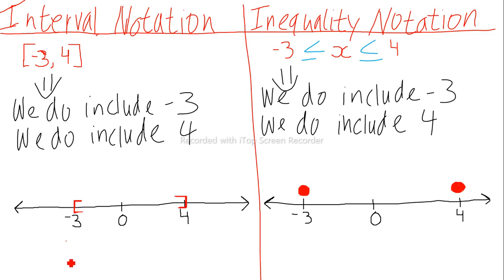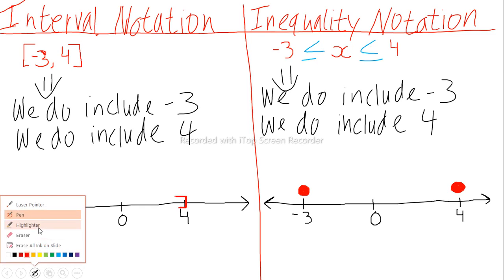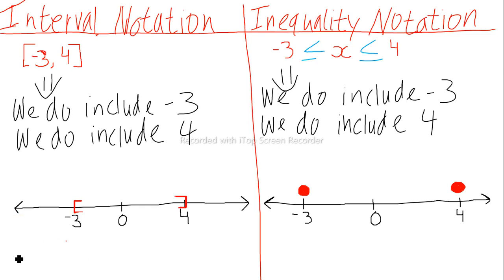Alright, next up, we're going to draw a line in between. And we're saying by this line that, hey, we include all the numbers in between. So all the numbers in between -3 and 4, but we also want to include the endpoints -3 and positive 4.